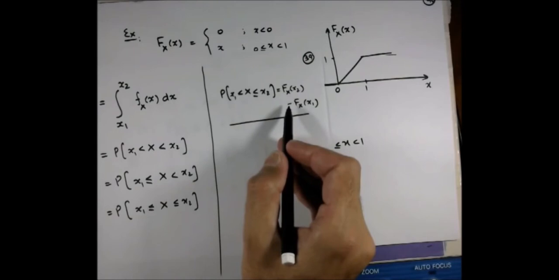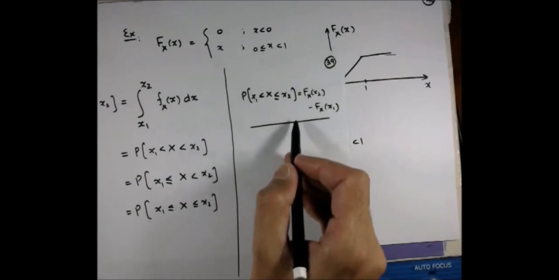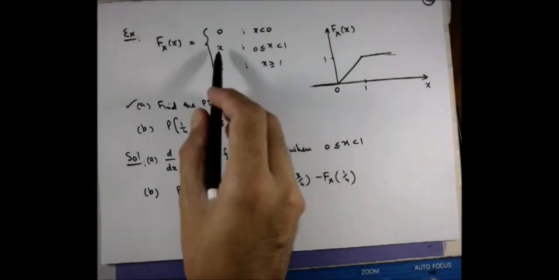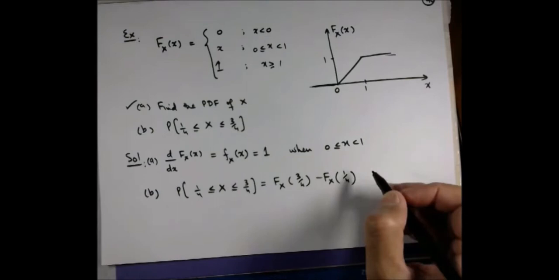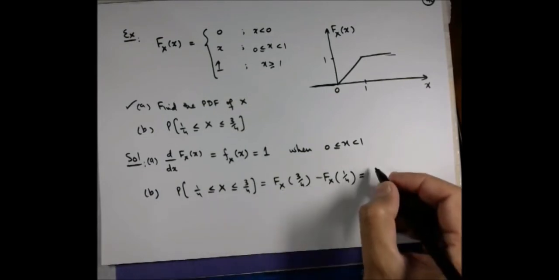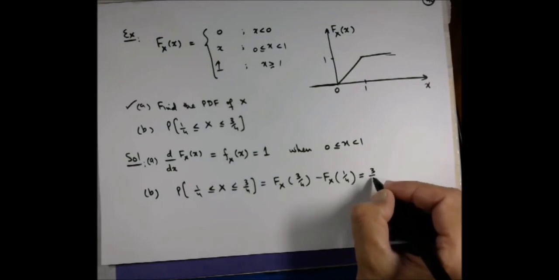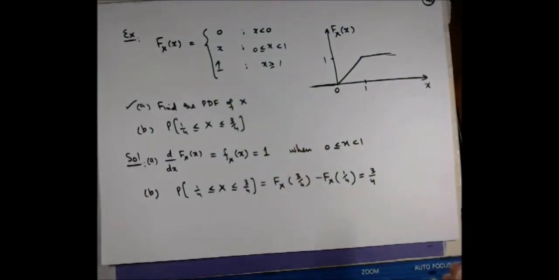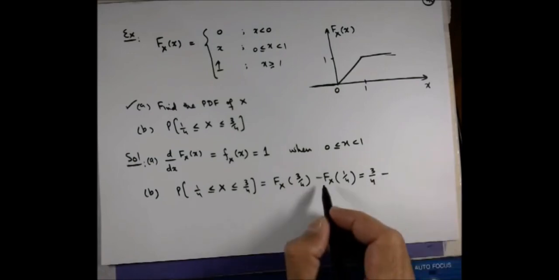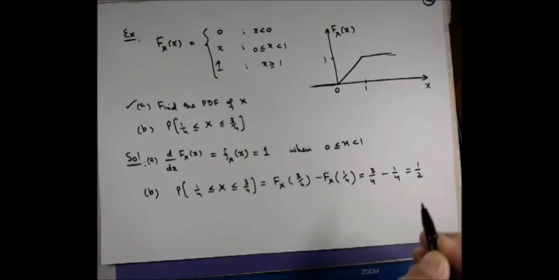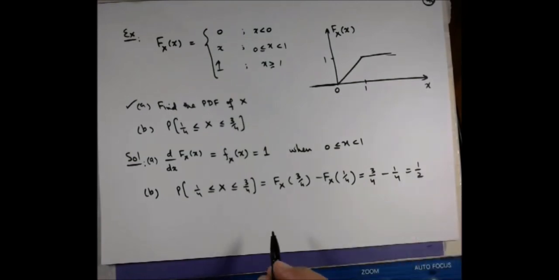If you use this relation, you will see how easy this becomes. This is the expression for CDF. So F sub x at 3 by 4 is simply 3 by 4, because whatever is x, the same is F sub x, minus F sub x at 1 by 4 is 1 by 4, so the probability turns out to be 1 by 2.